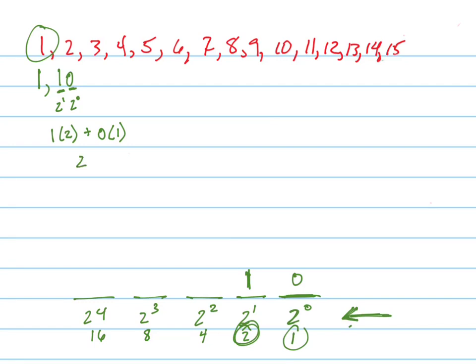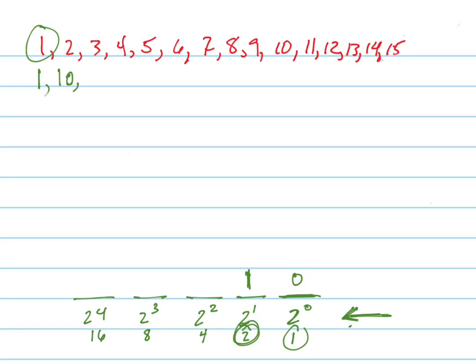We're writing all 15 numbers in base 2. That's what the directions said to do. It said write the first 15 numerals. Numerals are counting numerals, which are 1, 2, 3, 4, 5, all the way up to 15. That red is the first 15 counting numerals in base 10. They don't want base 10. They want base 2.